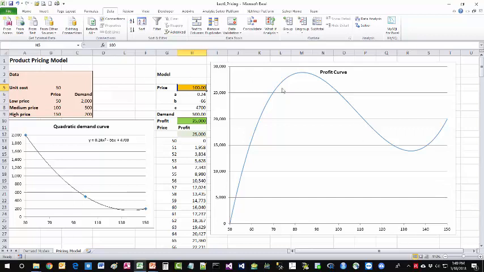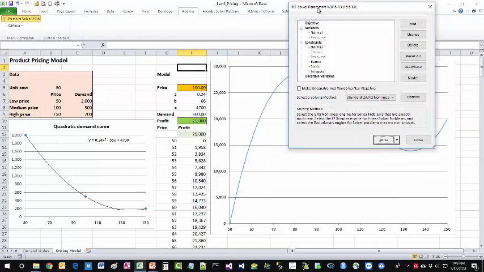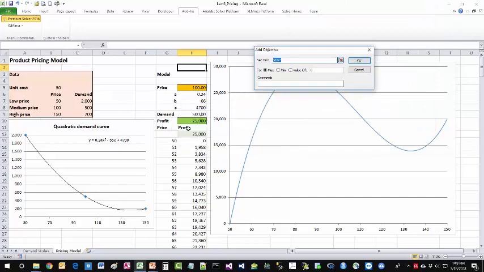Okay, to get the exact optimum price, the exact maximum, we're going to set up a quick and simple solver by going to Add-ins, Premium Solver. We're going to set as the objective the profit cell to maximize.